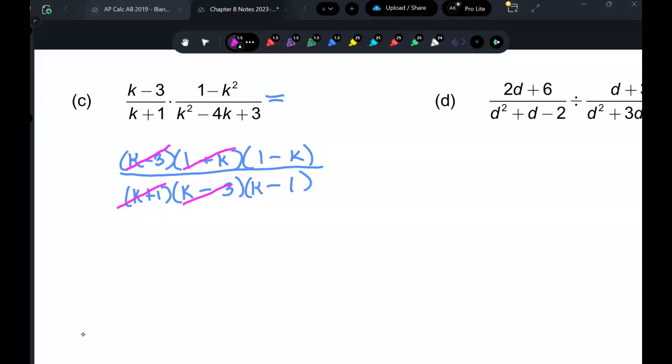Okay, everything cancels except what do we notice about these two? They're opposite. These two are exactly the same, these two are exactly the same. It's just these two, one is swapped, so we get negative 1.